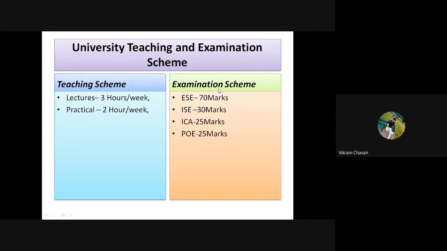Okay, if you see this examination scheme, the end semester examination, that is ESE, has 70 marks. Internal examination, that is ISE, has 30 marks. ICA, that is the part of term work, has 25 marks. And the last one is POE, that is practical oral examination, having 25 marks.